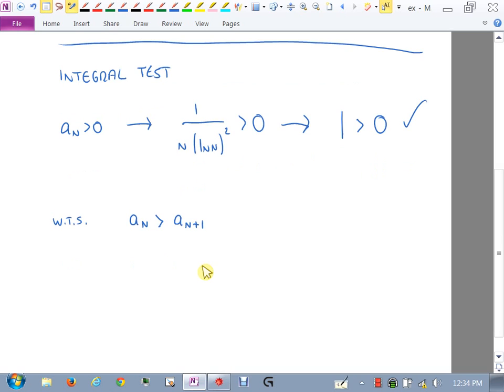All right, so is 1 over n natural log n, squared, greater than 1 over n plus 1 times natural log of n plus 1, squared?